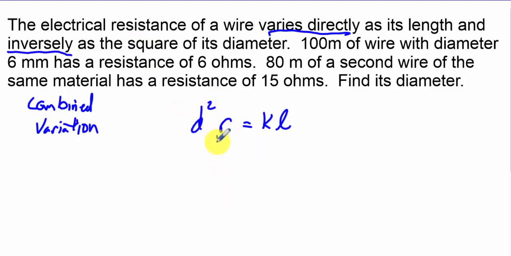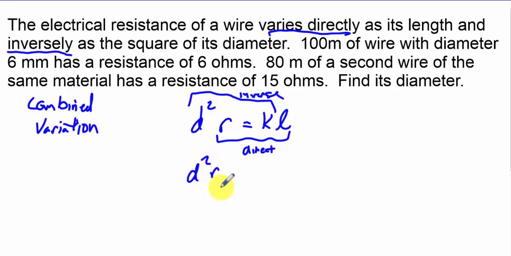So here, if you will, is the direct, and here is the inverse. And again, it appears to be a two-situation case. What I will do is say d squared R over L is equal to k, and then write that proportionally.